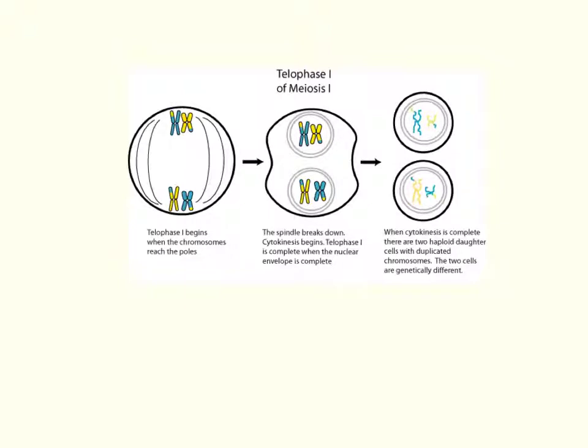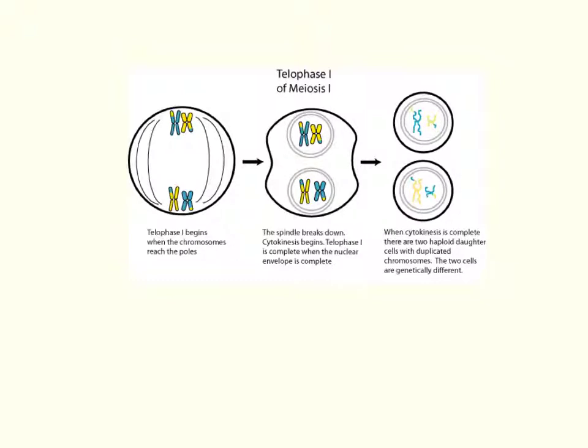Now basically what happens is telophase 1 can initiate when the chromosomes in their 2 separated groups can actually reach the poles. Then the nuclear membranes eventually begin to form after the spindle breaks down, and the nuclear membranes form on account of cytokinesis, which basically splits the cytoplasm.